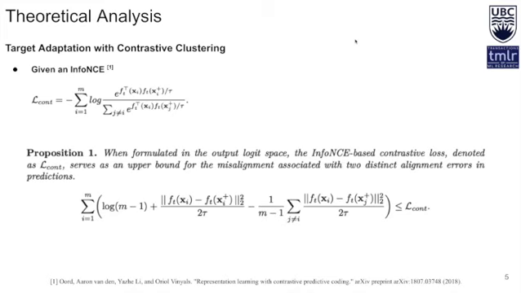Our Proposition 1 demonstrates that the misalignment associated with two distinct alignment errors in predictions, with respect to the positive key and the negative keys, can be upper bounded by the contrastive learning objective, which means we can reduce the misalignment error by minimizing the contrastive loss.